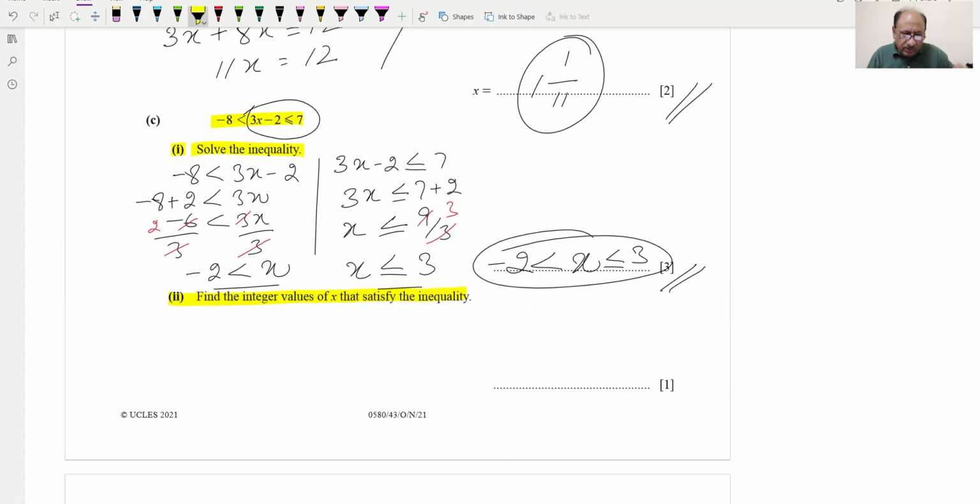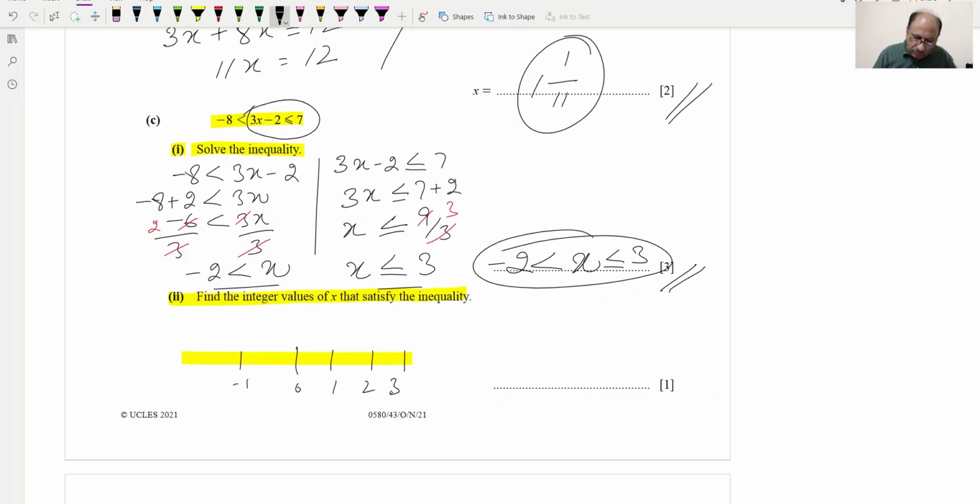Now on the number line, if we check in between minus 2 and 3, for example, if this is our number line, so this is 0, so it will have minus 1 on this side, and 1, 2 and 3 on this side.